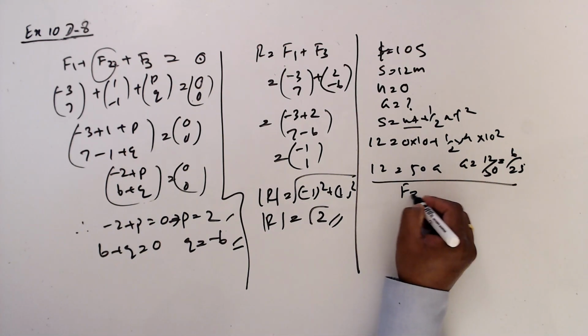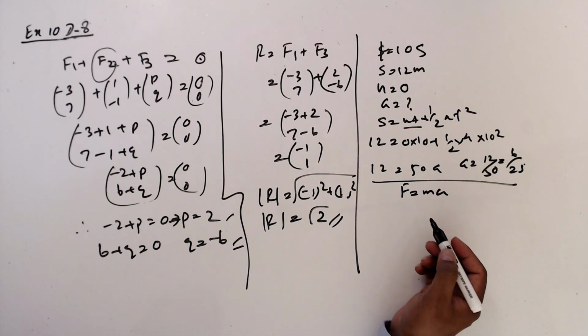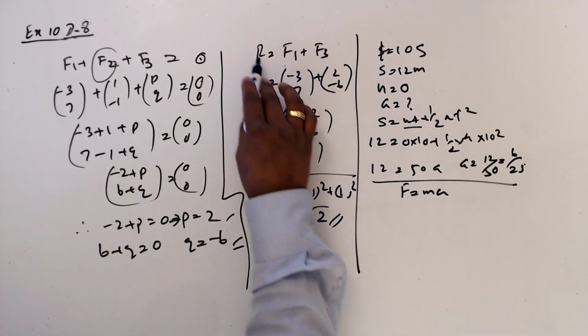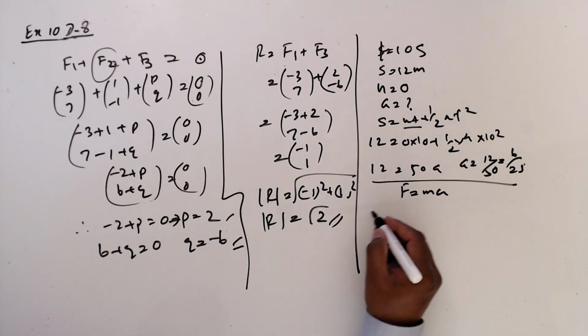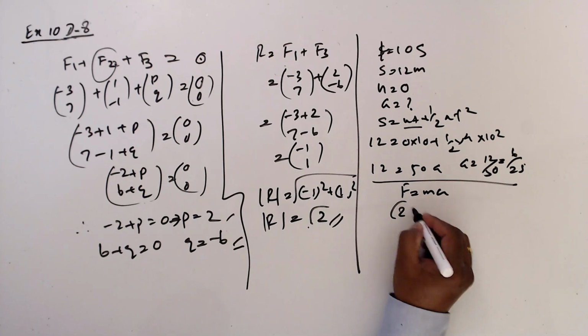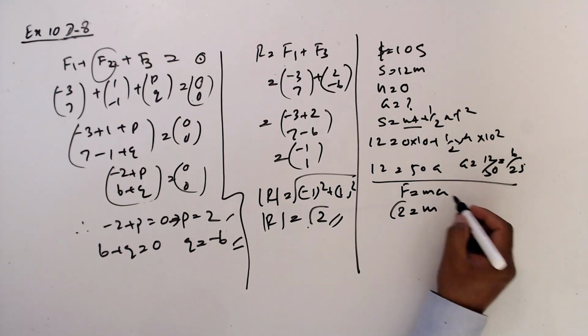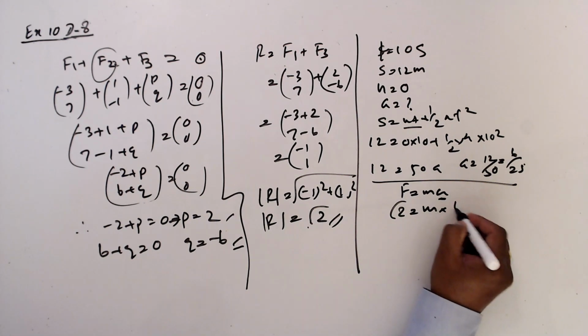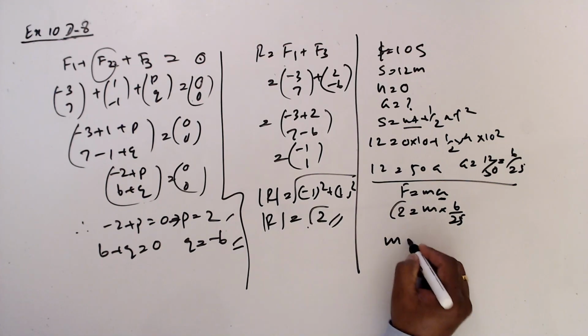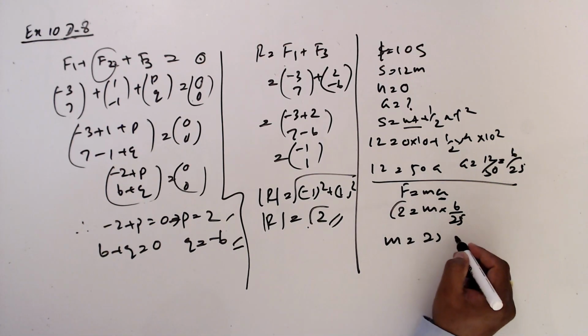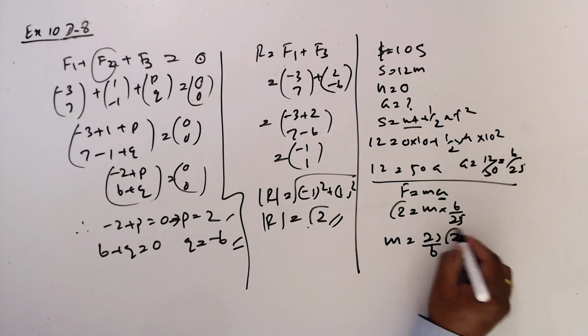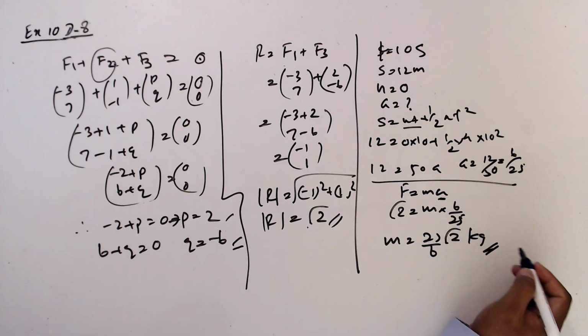Then we'll consider F equals ma for that particle. So F is square root 2, and m we need to find, and a is 6 over 25. So m equals 25 over 6 times square root 2 kg.